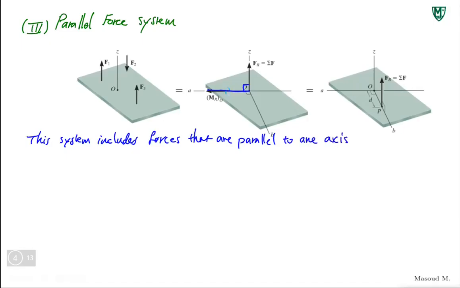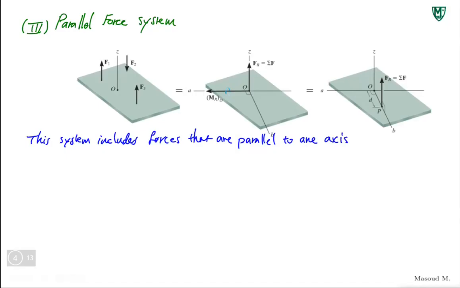In this case, axis Z. I don't know where X and Y are. So the resultant force is going to be parallel to that axis, right? Because F1, F2, and F3, they're all in Z direction. So positive, negative, the result would be in Z direction, either positive or negative.